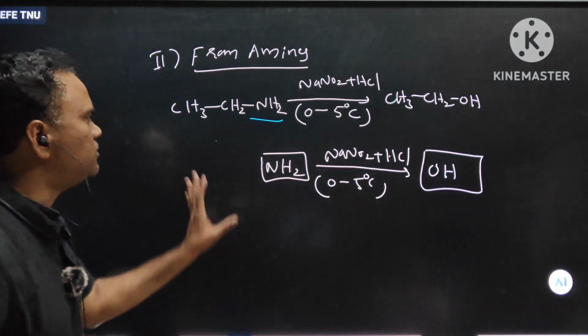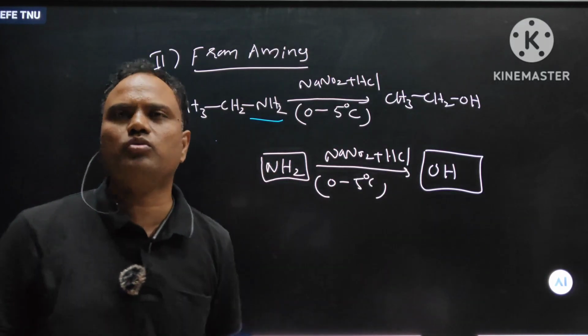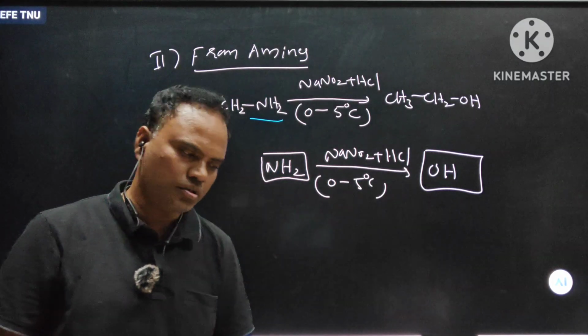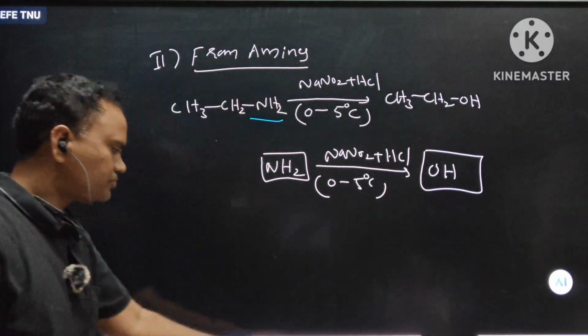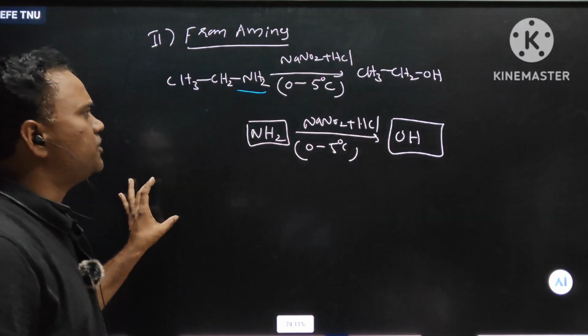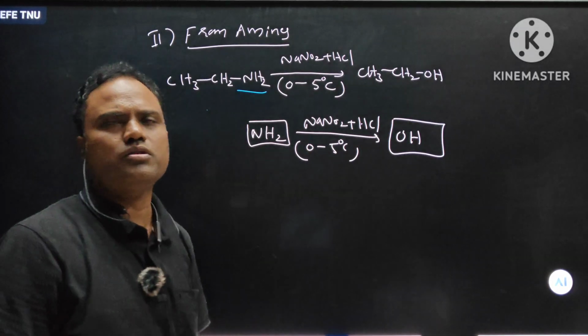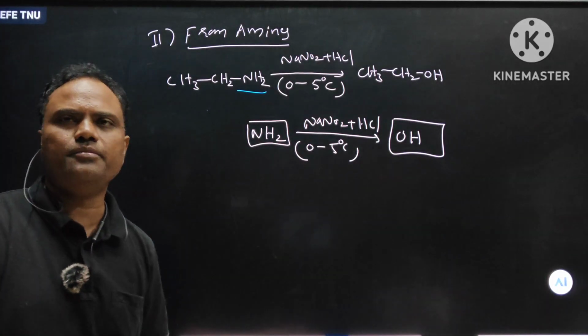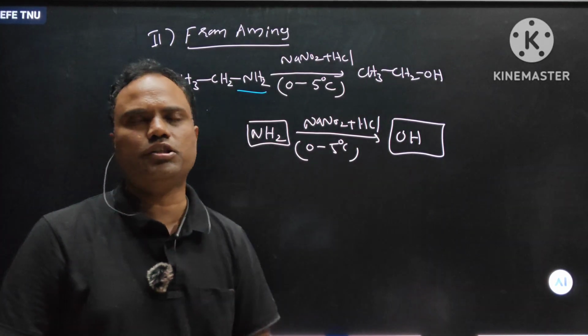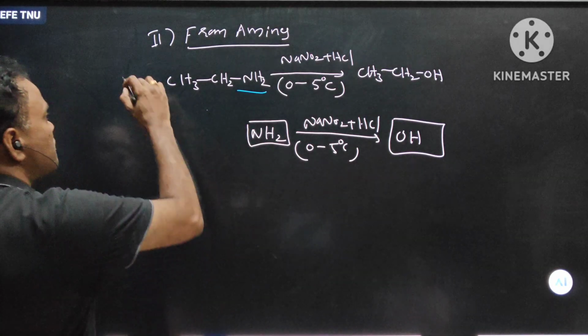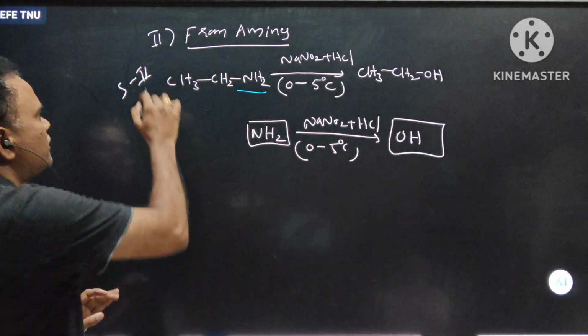Whatever the length, in place of NH2, write OH. This reaction can be used for the preparation of alcohol also. But what is our aim? Our aim is to prepare ethers. This is stage 1. In stage 1, we are getting alcohol.